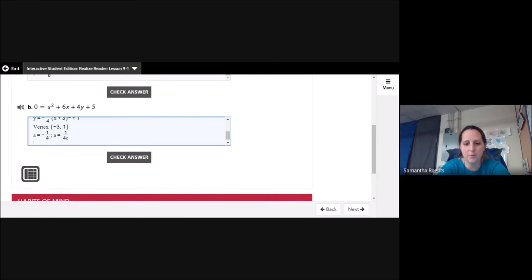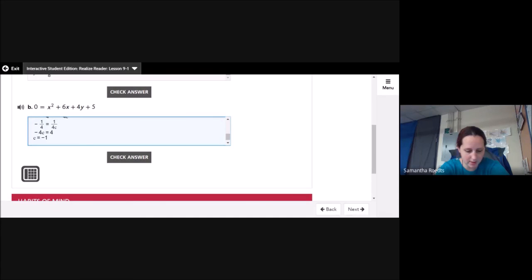So negative 1/4 equals 1 over 4c. So this gives me 4c equals negative 4. Okay, so c equals negative 1.